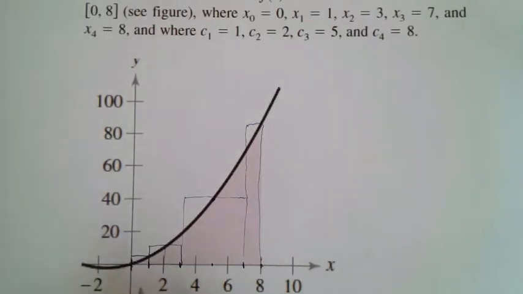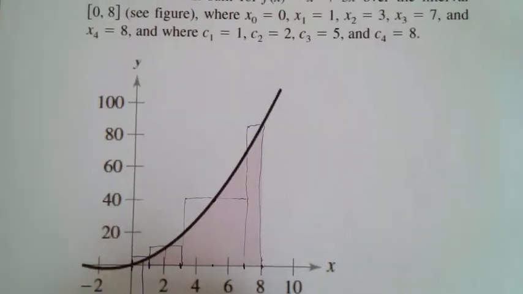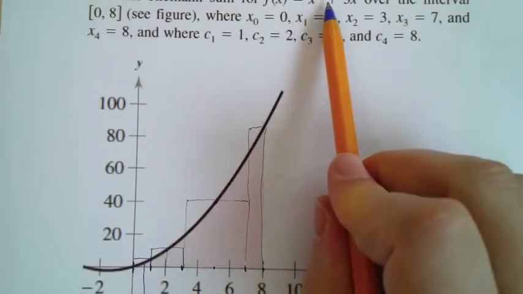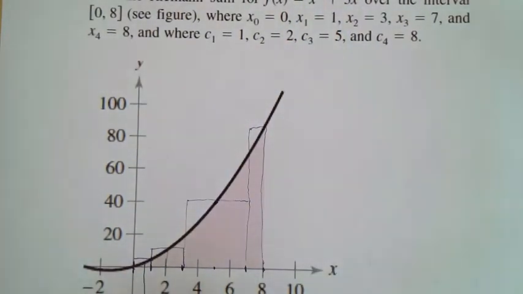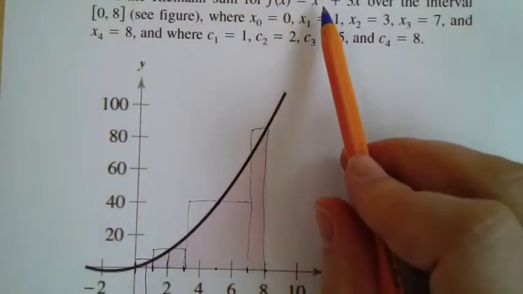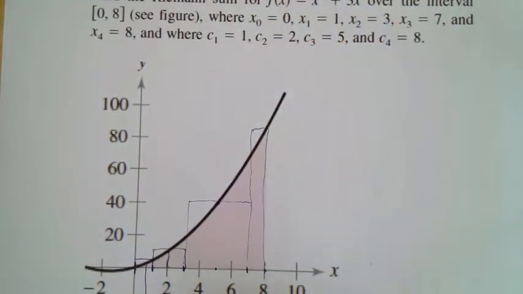So here, what's the area? For this one, we have a base of 1, which we need to multiply by the height. So the height of this rectangle is 1 squared plus 3 times 1, so it's 4. For the second rectangle here, we have a base of 2, and the height of the rectangle is determined by f of 2. So if I plug in 2 here, I get 4 plus 6, which is 10.